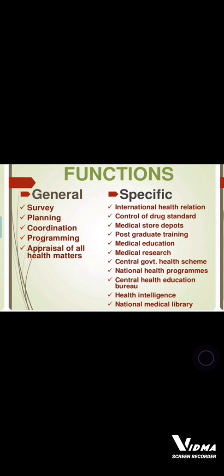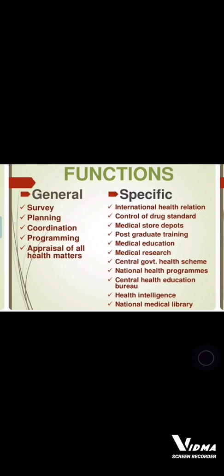Then after getting education, whatever problem is present in the community or society, we can find out only through research. So the next specific function is to do medical research. There are several research organizations present in India.